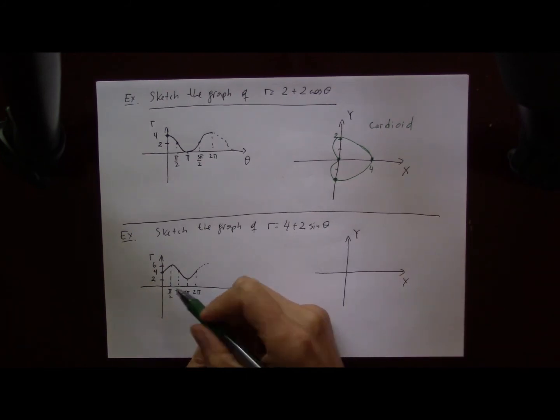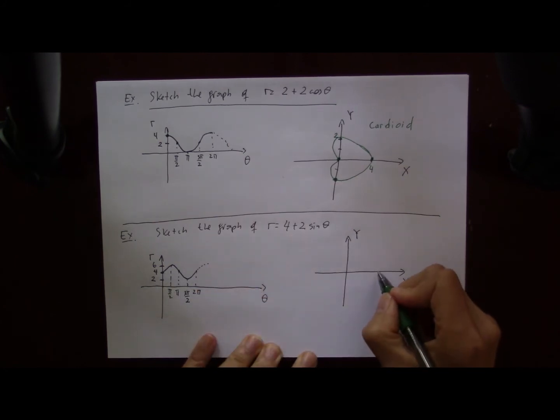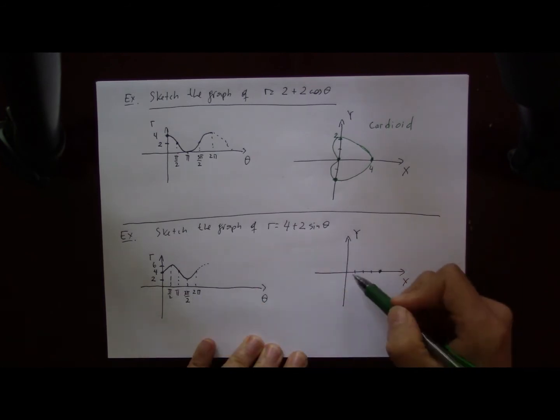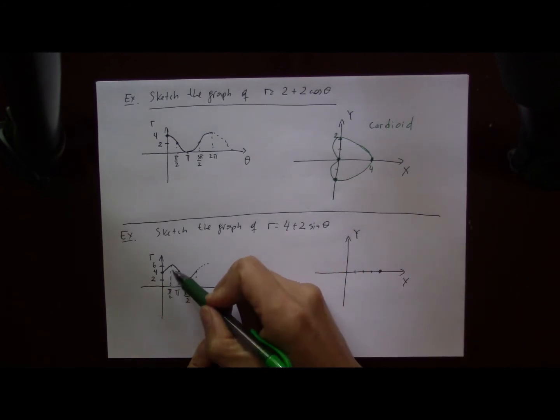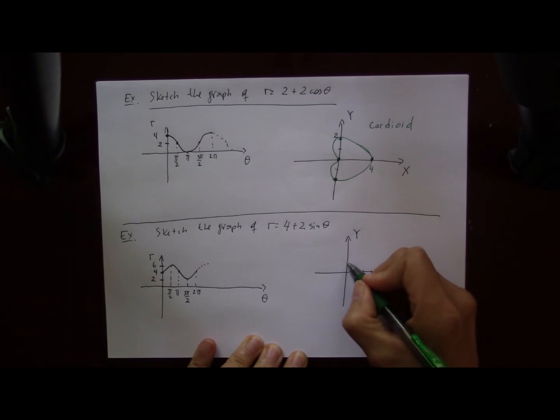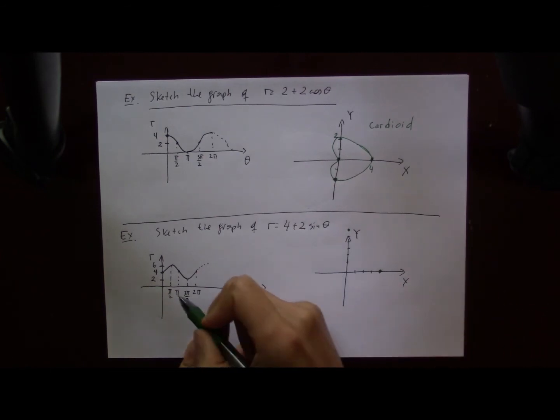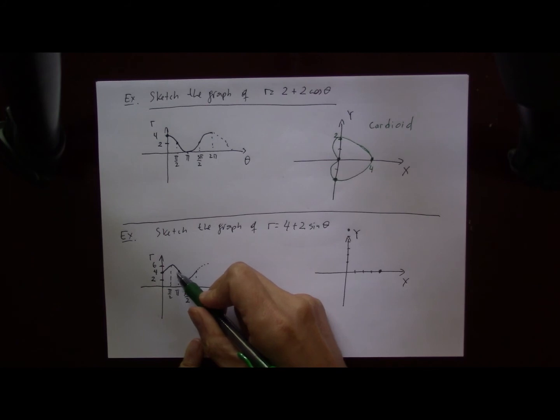So we start at a point where theta equals 0, r equals 4. The next point on the y-axis is going to be 6, somewhere here. Next point, when the angle equals pi, on the negative y-axis is 4.